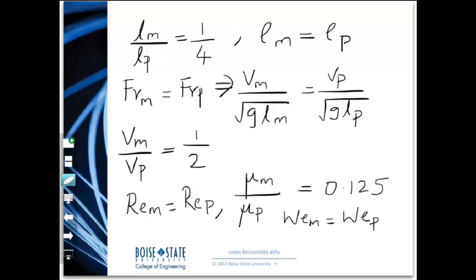If you do that, you can then find sigma_m over sigma_p, the surface tension scale for model and prototype, as... I won't write the decimals here since I'm running out of space, so it would be 1 over 16. Or if you want it in terms of decimals, it would be 0.0625. Okay, so this is how you can solve this particular problem.